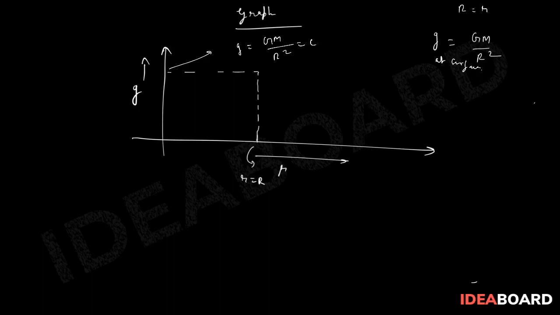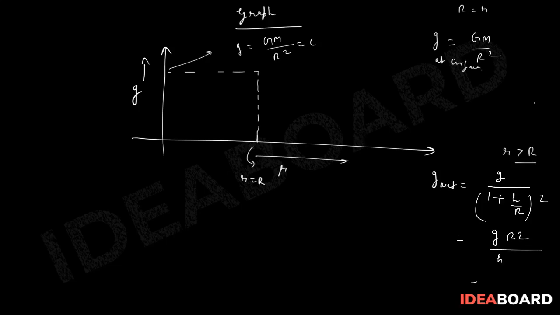Right, now for the outside we received the formula g out, where out means r is greater than R. That means we received g divided by (1 plus h by R) whole square. So we can write g into R square upon (h plus R) whole square, correct?